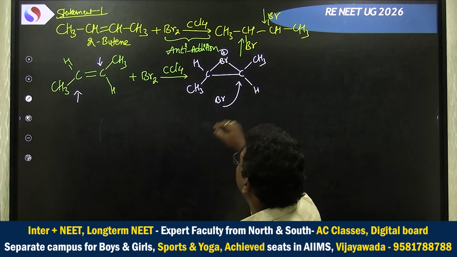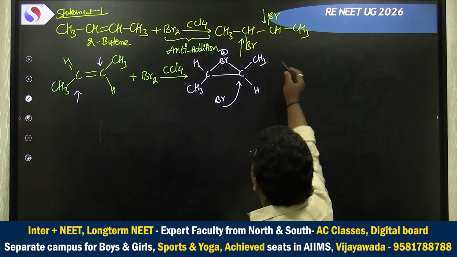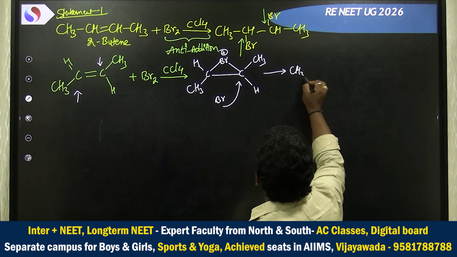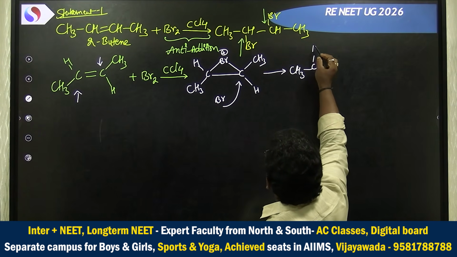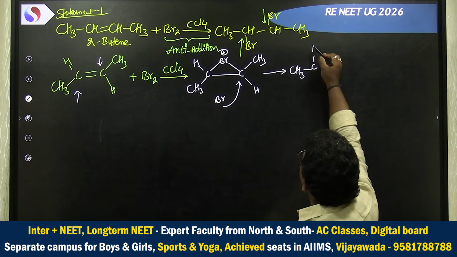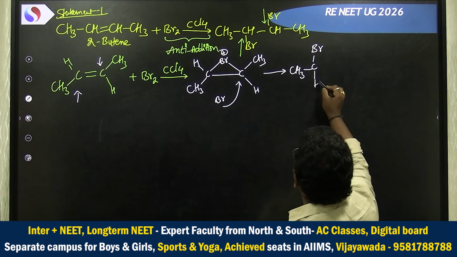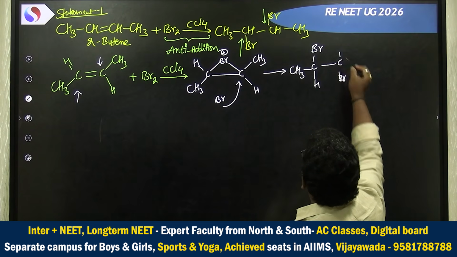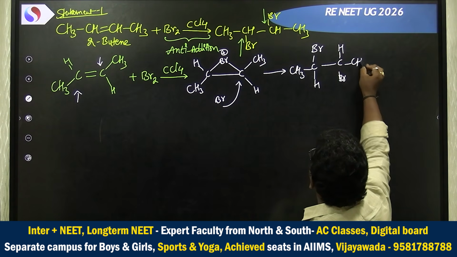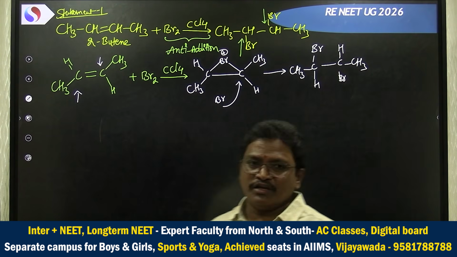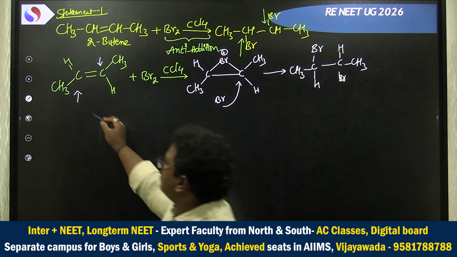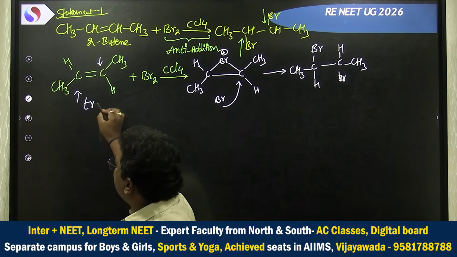Based on this, the structure can be simply represented as CH3, H, Br and H, Br, H, CH3. This is from the trans-2-butene that we took as the alkene here.